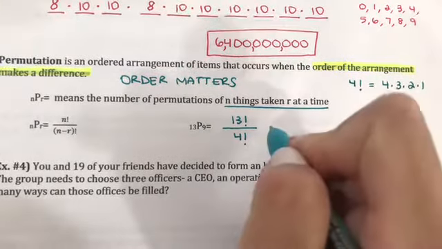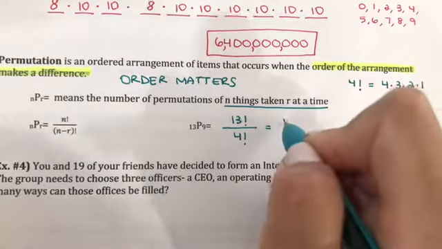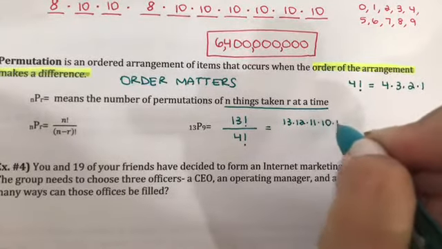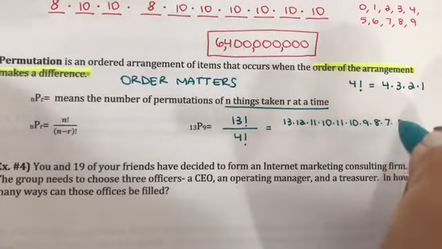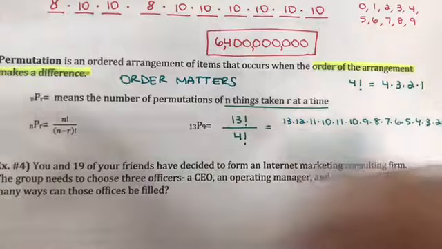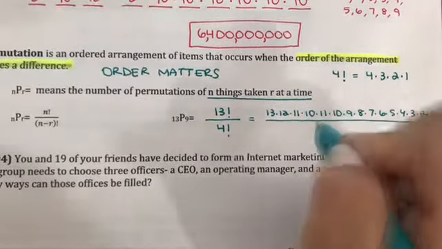When I simplify this by hand, I would do 13, 12, all the way down to 1, divided by 4, 3, 2, 1.